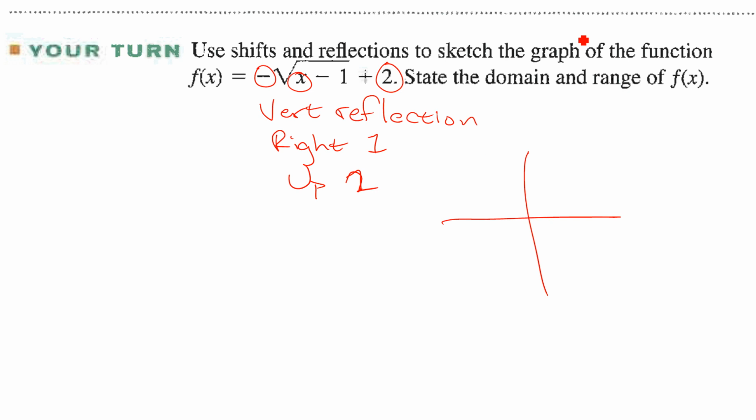So what happens if you plug in an x of 1? The square root of 0 is 0. Then plus 2 means you're going to go up like this, right? And so here we're going to go upside down because of the reflection. Domain, x is greater than or equal to 1. Range, y is less than or equal to 2.